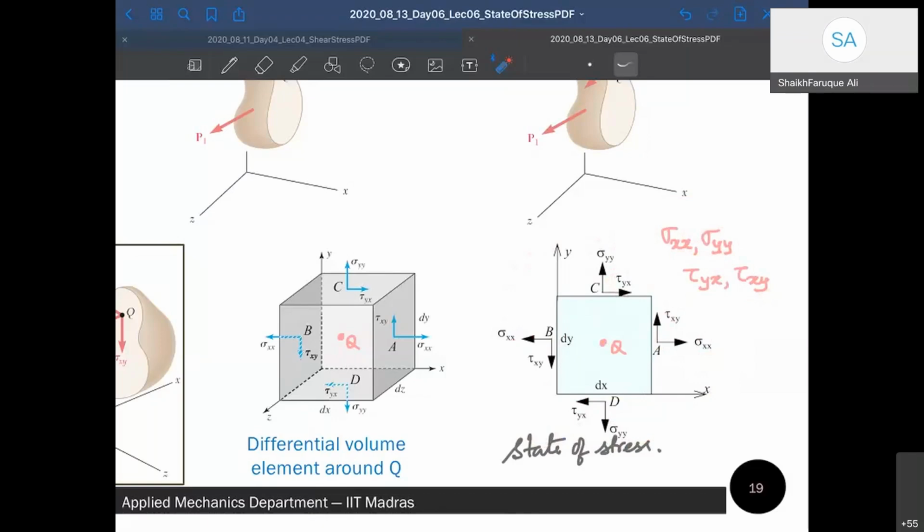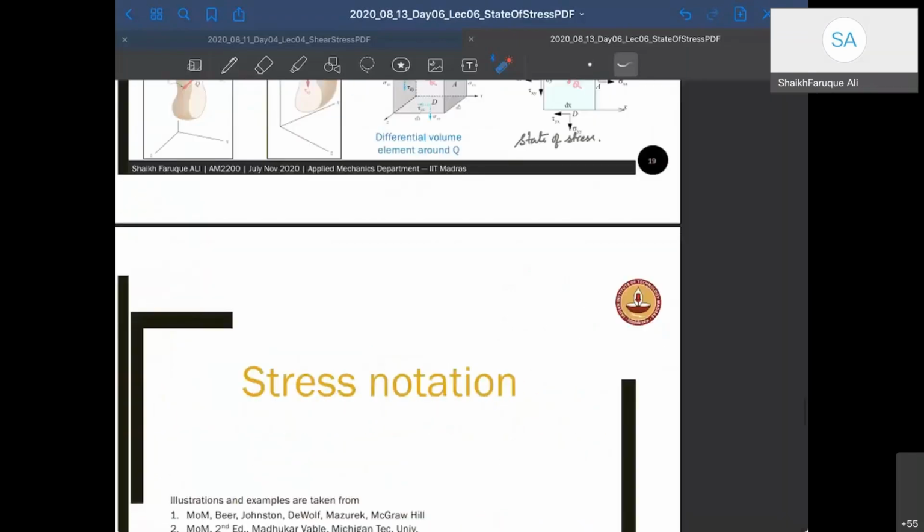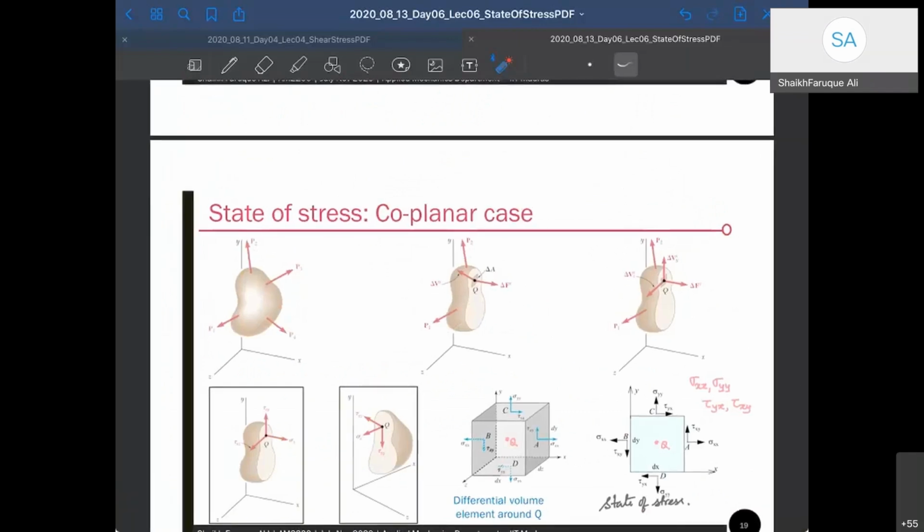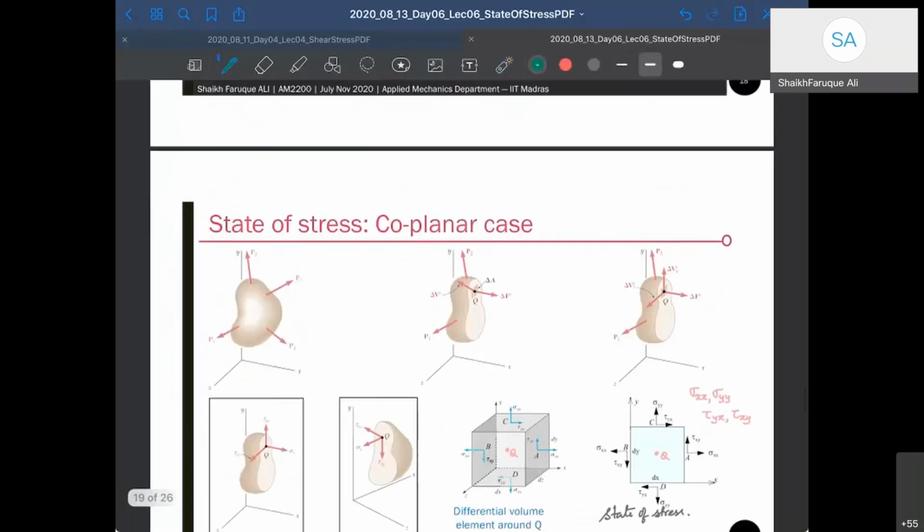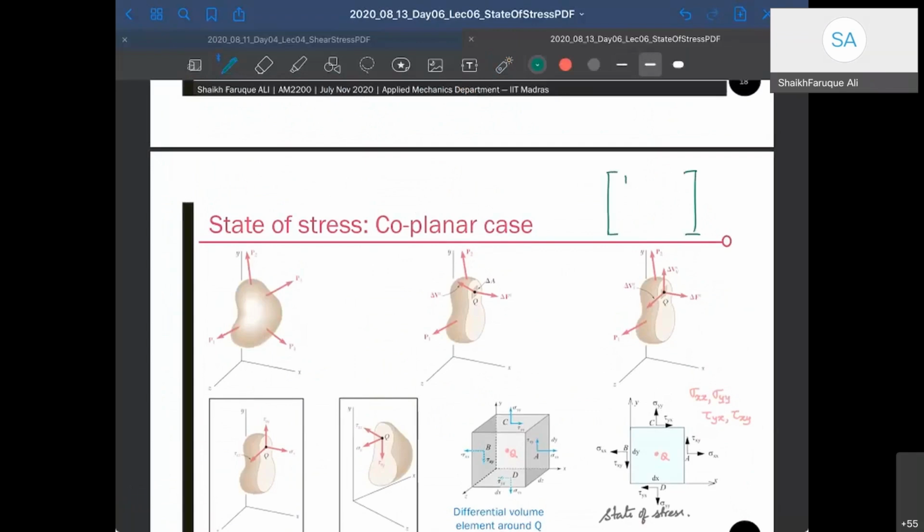So in that there are going to be 3 stresses, and I can write them in a matrix format. Sigma xx, sigma yy, and here this will be tau xy, and this will be tau yx.